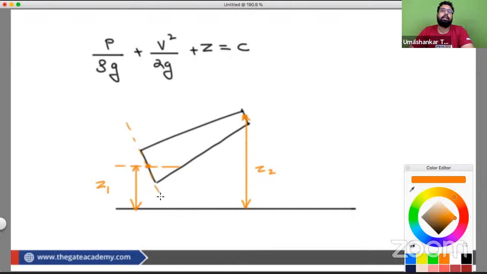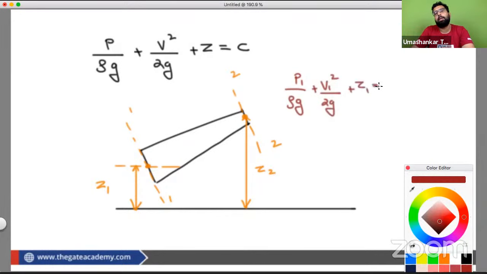If I call this section 1 and this section 2, and we have to apply the Bernoulli equation between sections 1 and 2, how can we do it? P1 by rho g plus V1 square by 2g plus Z1 is equal to P2 by rho g plus V2 square by 2g plus Z2. This is the ideal Bernoulli equation.